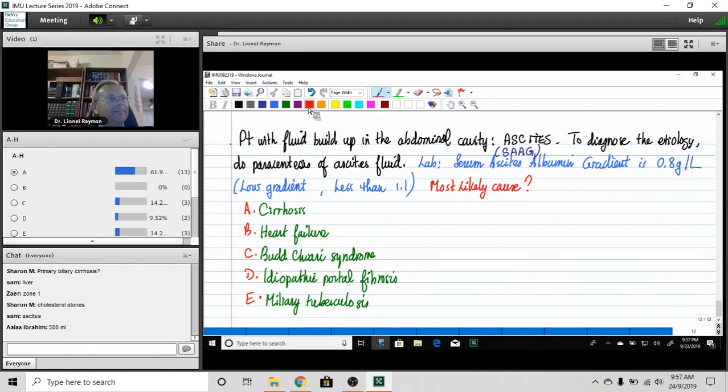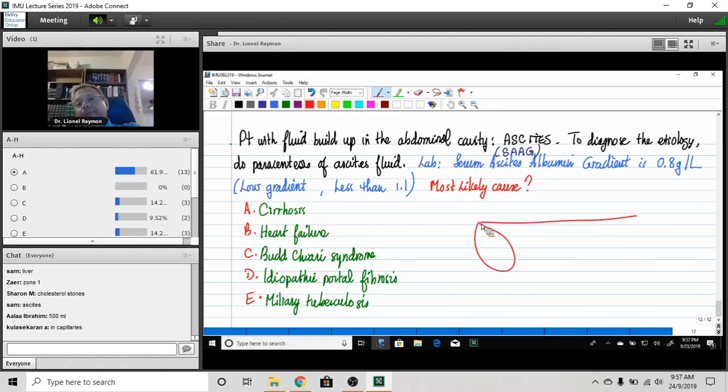Because it's going to be key to your understanding of what that serum ascites albumin gradient is all about. It's in the blood, it's in the capillaries, I totally agree with you. If I draw a blood vessel, I expect my albumin to be several grams per liter. It's my major protein in the bloodstream.